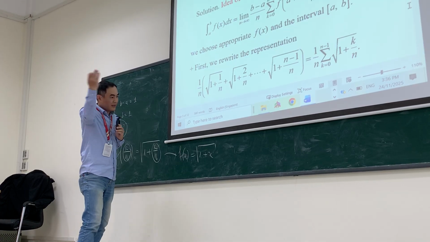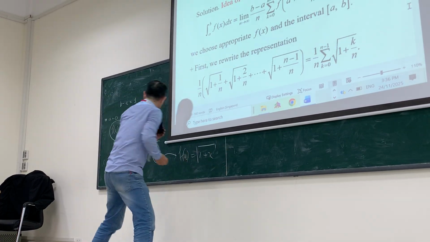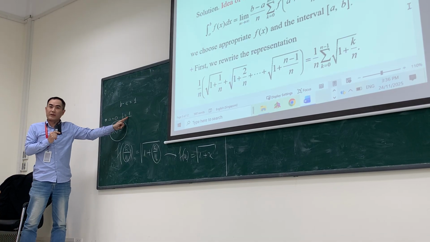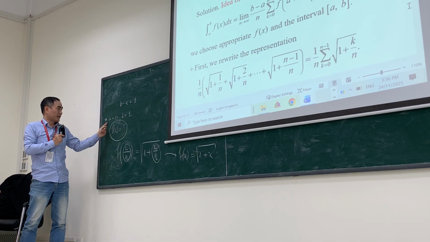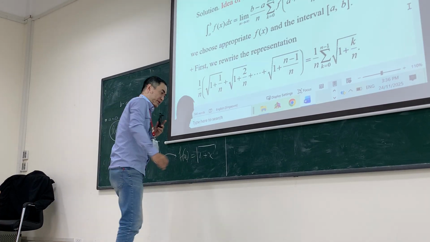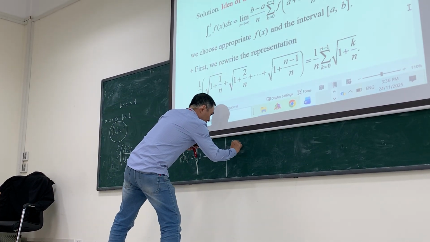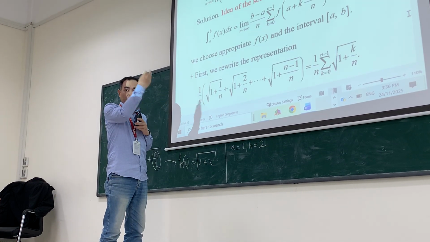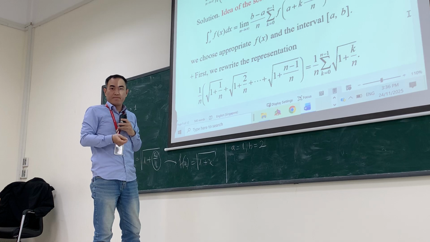Now, a different example. Instead of choosing a equal 0, b equal 1, we can choose a equal 1, b equal 2. Now we need to get the function f.